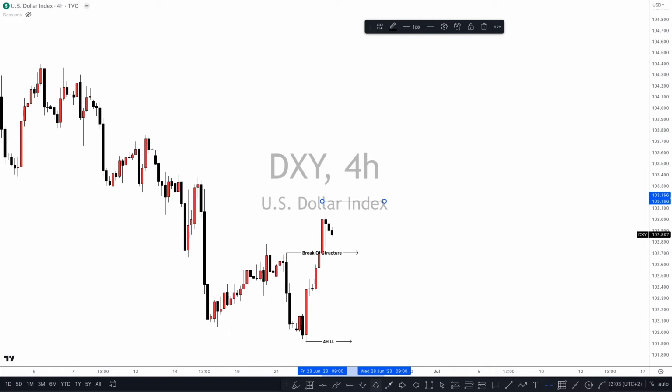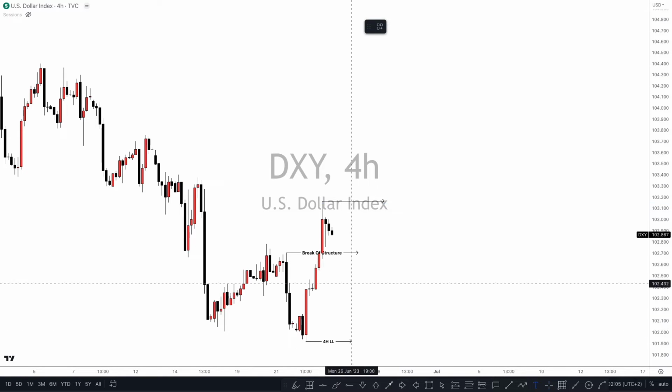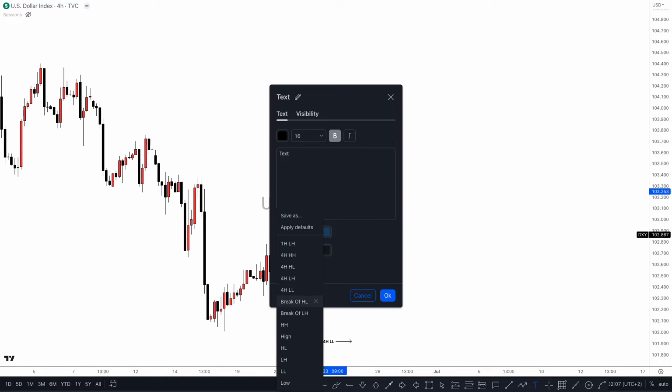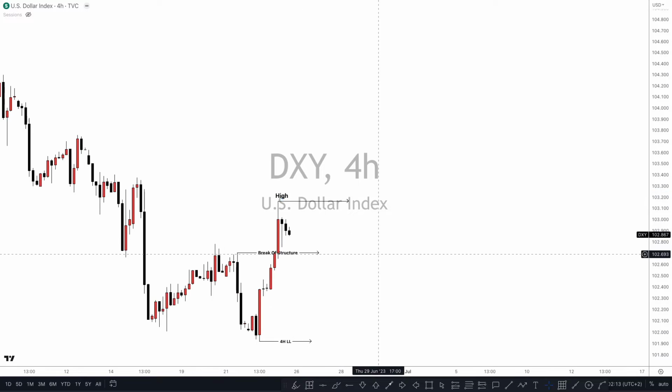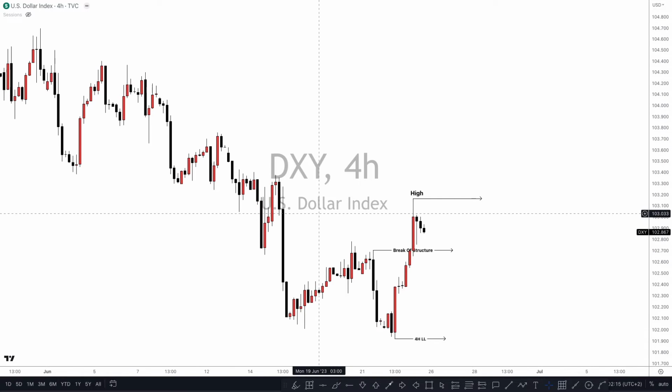I'm just going to be using a text box for this one because I do not have a template for higher-high levels. That's just to make my life easy when I'm using these templates.